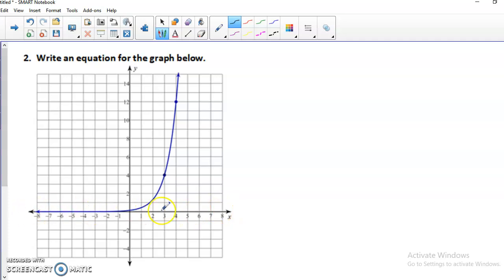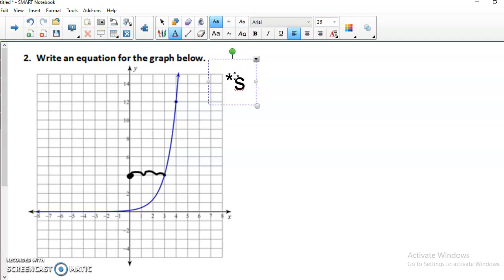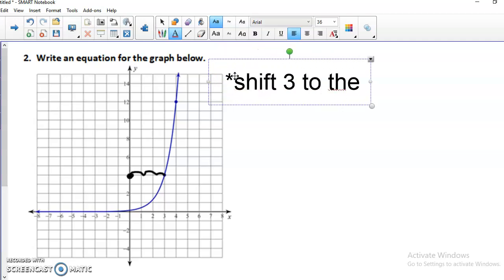So we can see that we have a horizontal asymptote at y equals 0, so we did not shift up or down at all. However, this initial point was shifted 1, 2, 3 over. So it started here and it shifted 3 to the right. So I do know that happened. There was a shift 3 to the right.